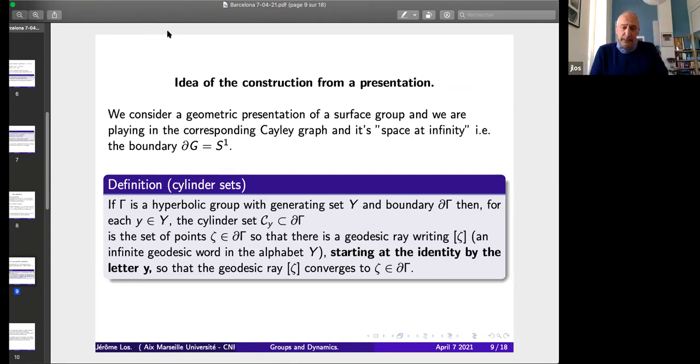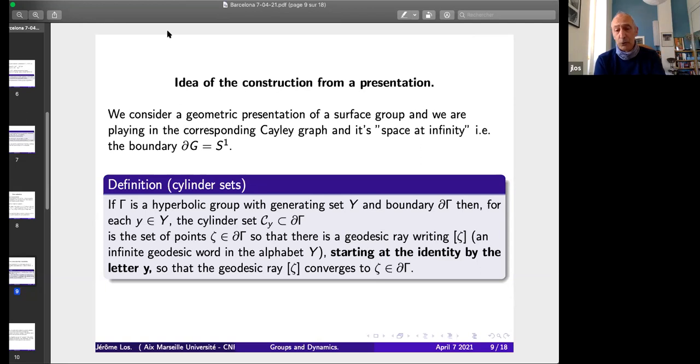This definition is valid for any hyperbolic group, and we will use it for the surface group and the circle for the boundary. So take a hyperbolic group with a generating set Y. What I want to define is a subset of the boundary that I call a cylinder set, and you will see that there is some analogy with the cylinder sets in combinatorial dynamics.